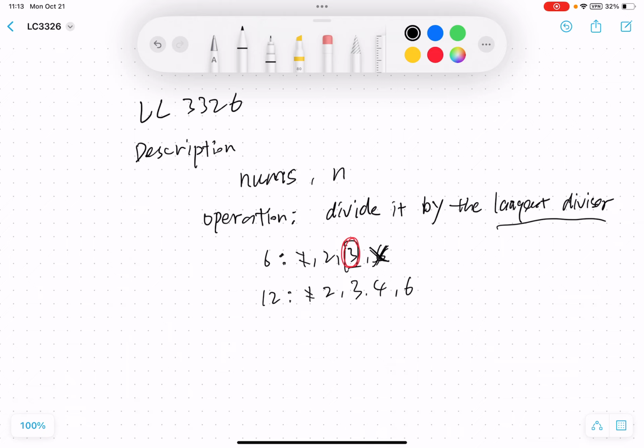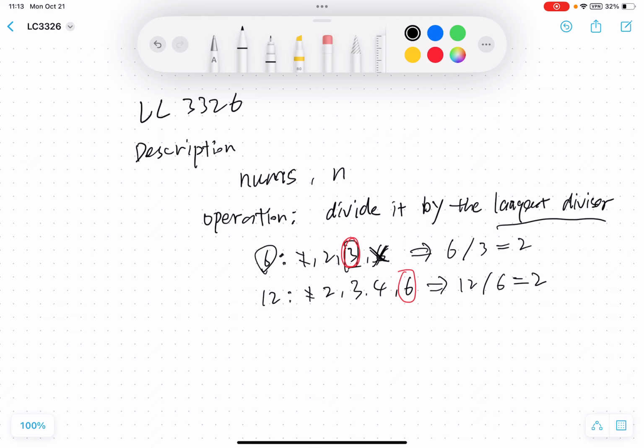That's all. So the largest divisor is 6. If we make an operation on the number 6, we make it 6 divided by 3 to get 2. If we do it to 12, that means 12 divided by 6 equals 2.